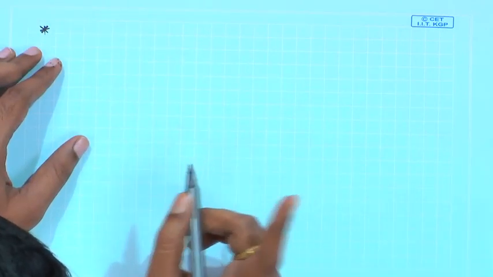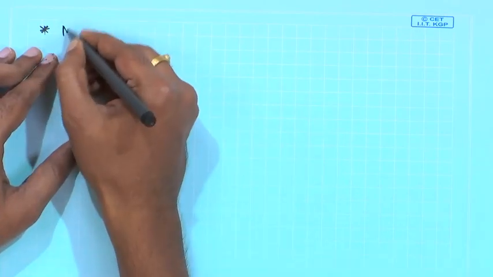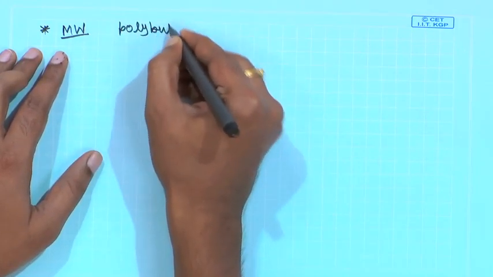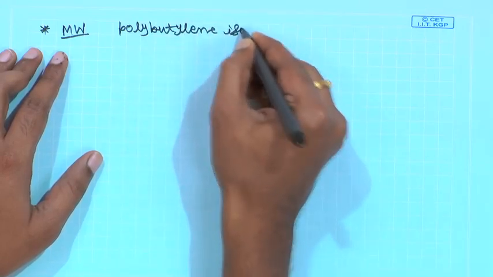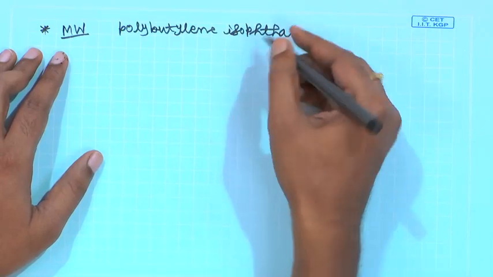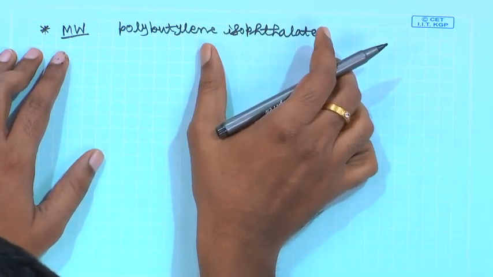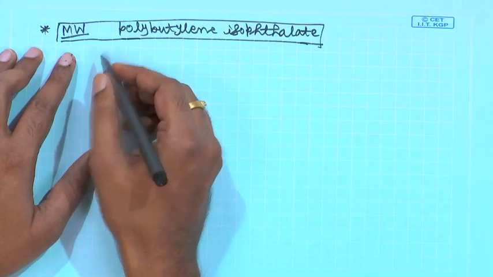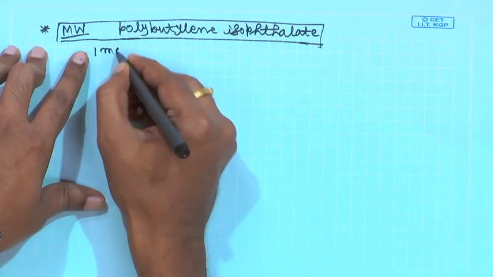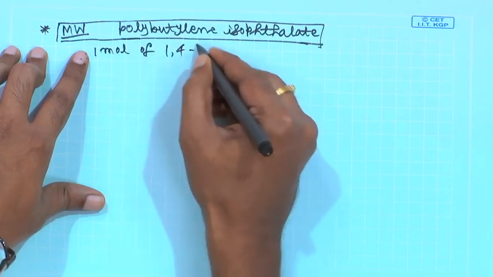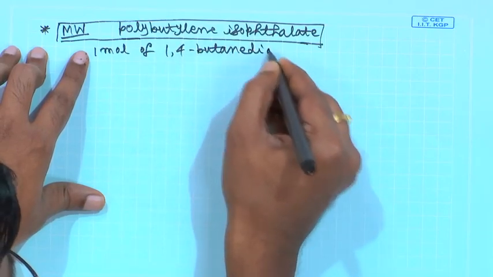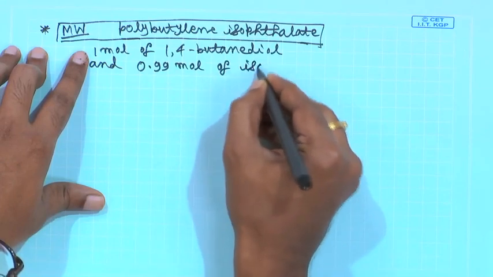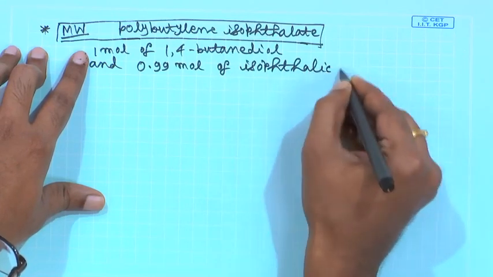You are trying to find out the molecular weight of polybutylene isophthalate, and the problem here is you started with 1 mole of 1,4-butanediol and 0.99 mole of isophthalic acid.